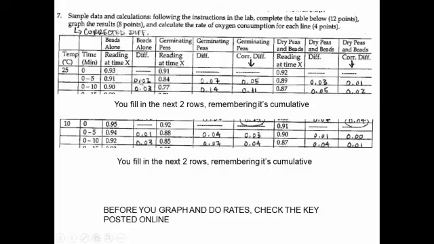Now, we know there's only glass beads in there, so that difference in volume is not due to metabolism. So we have to subtract that out from our other vials. So for germinating peas, if this is where the starting measurement is, and this is where it is at 5 minutes, when we subtract that out, that's a change of 0.07.